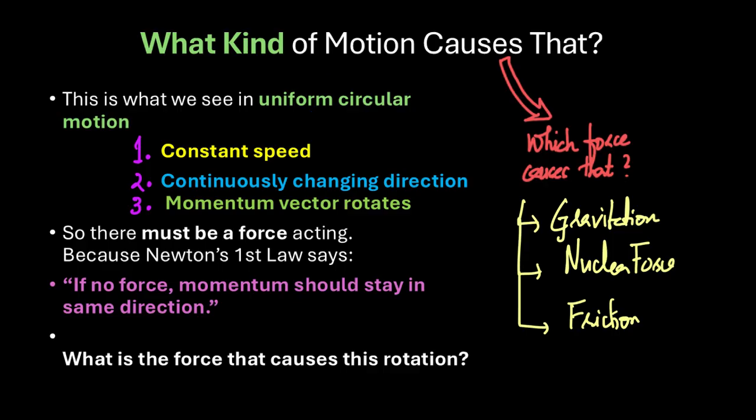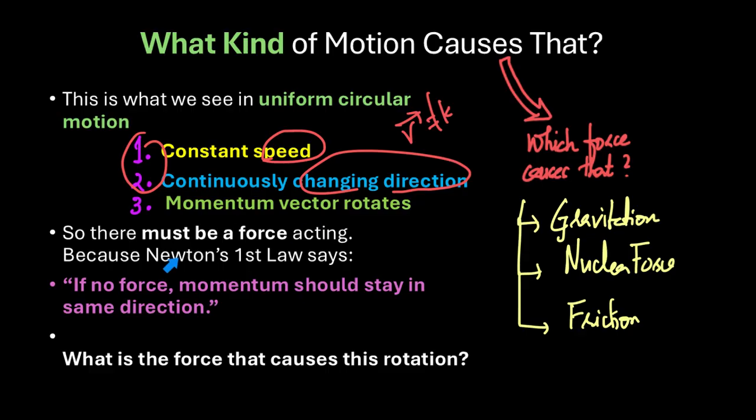Now, in a uniform circular motion, we know that the speed is constant, the direction is changing, and therefore the velocity is not constant, right? Speed is constant, but due to changing direction, velocity is not constant. So there must be a force acting in this case as well. Why?